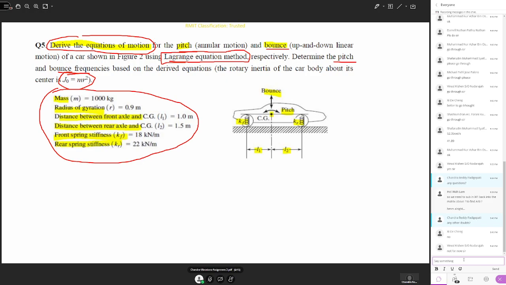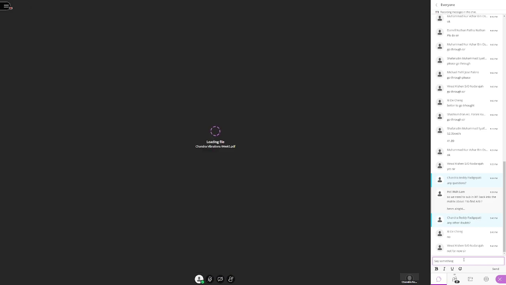So the free body diagram, you can see the free body diagram for this in the learning guide. So I move on to the learning guide. You can see the free body diagram here.